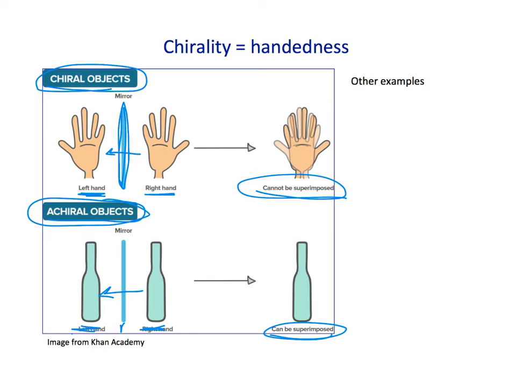So what could we think about objects that are different from their mirror image? Well, if our hands are chiral, then certainly our feet are chiral. Right? We have a right and a left foot. And in fact, anything that we put our right or left hand into is chiral as well. Things like gloves, maybe a baseball glove or a baseball mitt.